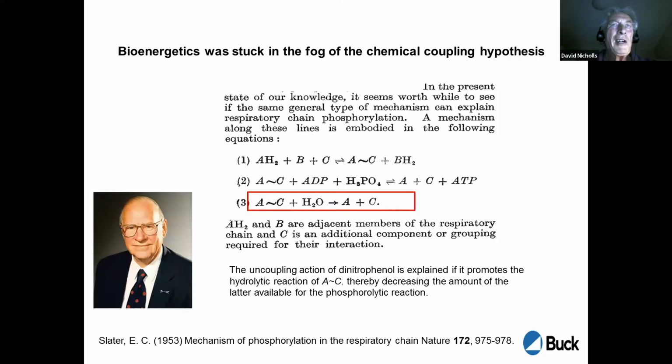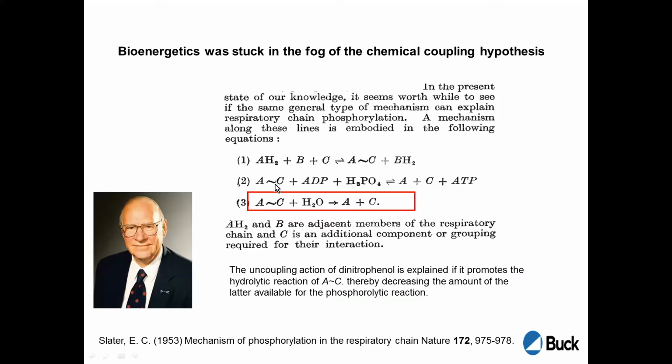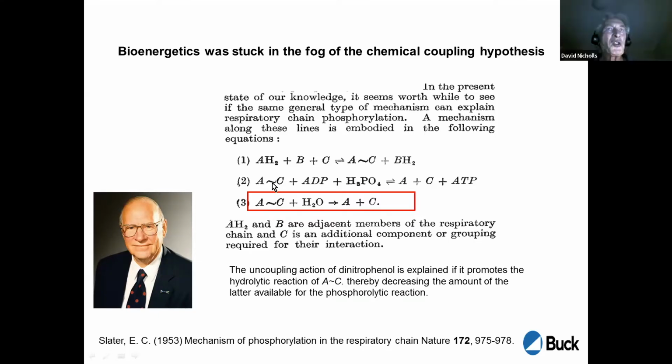And one of the great advantages that you guys have had that I didn't have when I did my undergraduate degree in Cambridge is that you aren't exposed to the chemical coupling hypothesis, where a hypothetical high energy intermediate, the word I hate, which we abbreviate as squiggle, was the intermediate for the production of ATP from ADP and phosphate, and uncoupling meant the hydrolysis of squiggle. So it was totally impossible to get any mechanism out of this hypothesis. Their hypothesis was wrong, for example. So it remained a pure phenomenon.